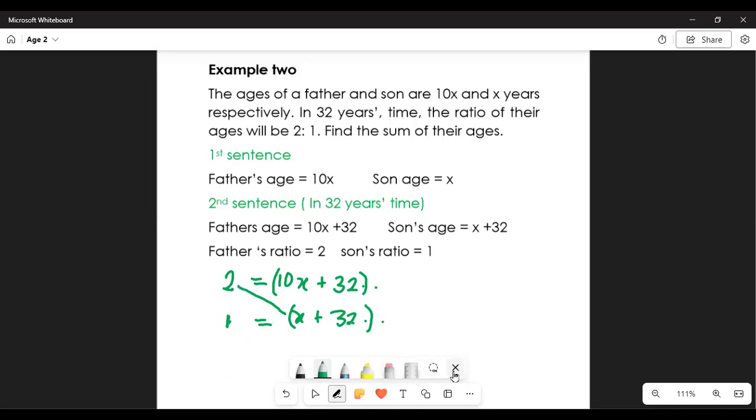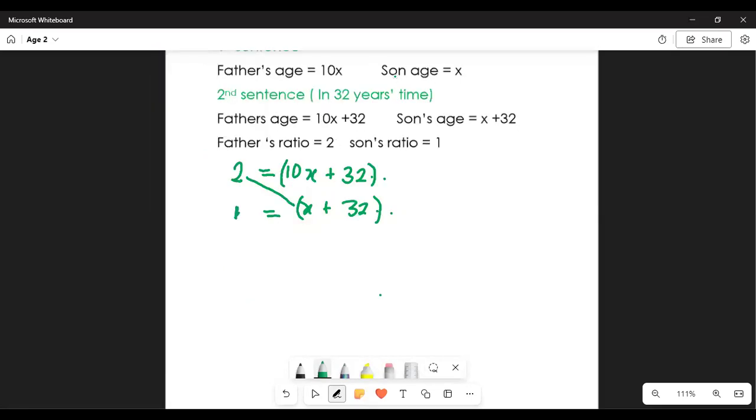and this will give us 2 multiplied by x plus 32 is the same as 1 multiplied by 10x plus 32.